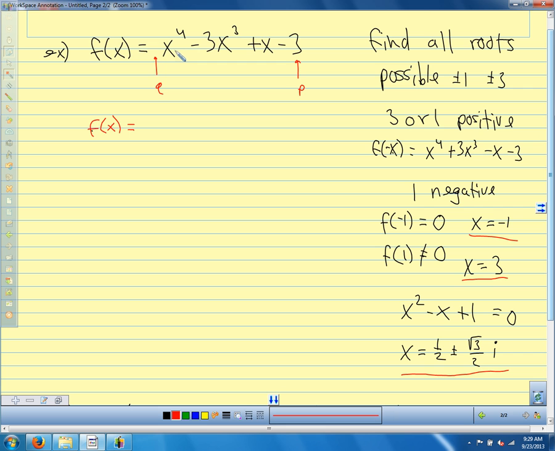Do you see how we would do it? I'm going to factor an x cubed out of this first pair, so I get x cubed times x minus 3, plus 1 times x minus 3. So this factors as x cubed plus 1 times x minus 3.